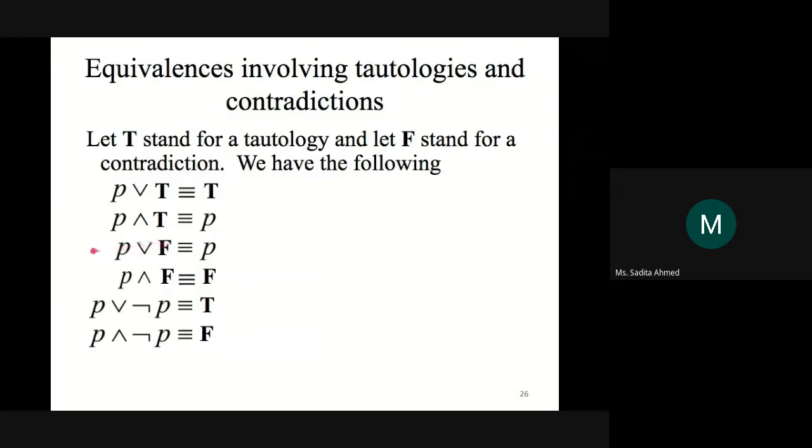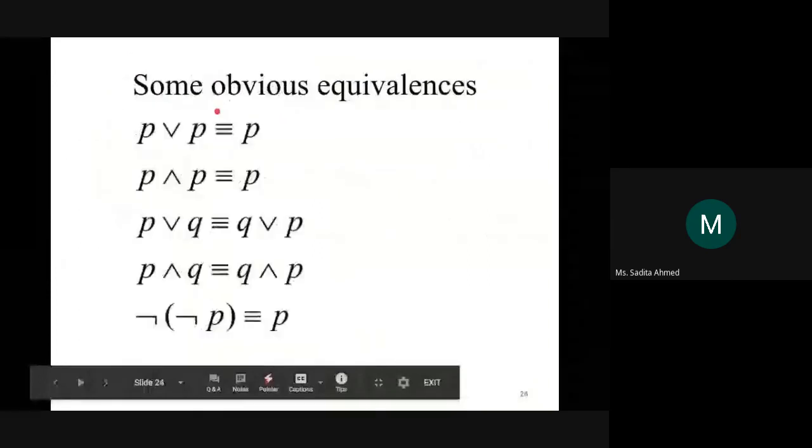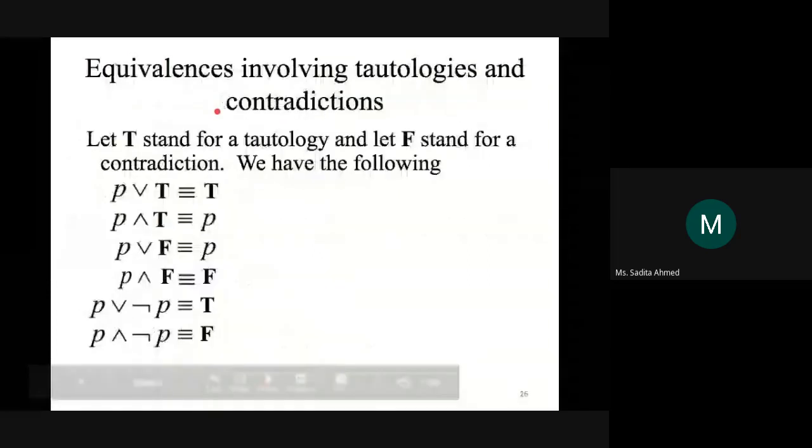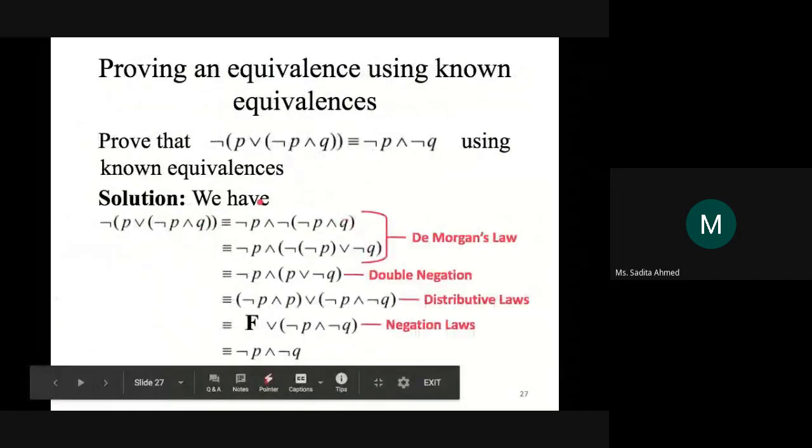If P is false, this becomes false. The value of this expression depends on the truth value of P. So can't we say that P or false is equal to P? Okay. So go over these equivalences. Try to make sense of these equivalences, this list and this list as well, because as you can see from this example, you have to apply these equivalences over and over again.